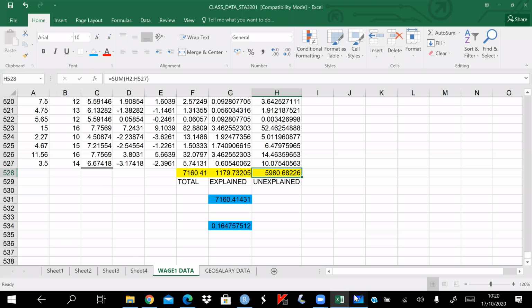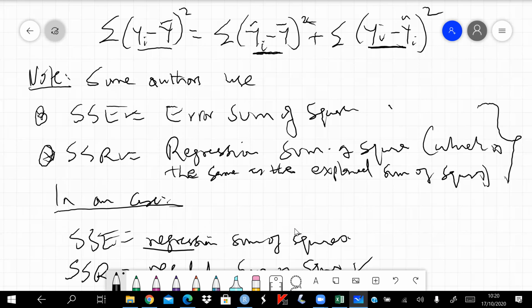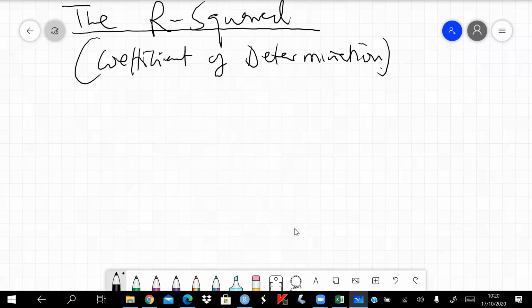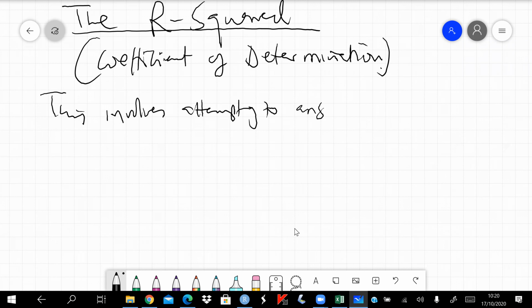So let's note that this involves the coefficient of determination. This involves attempting to answer the following questions. If you want to answer the following questions, we use R squared.